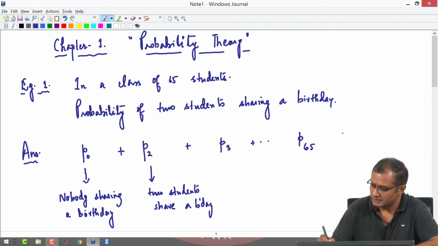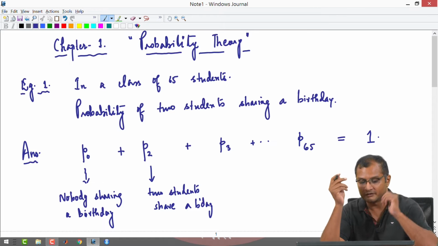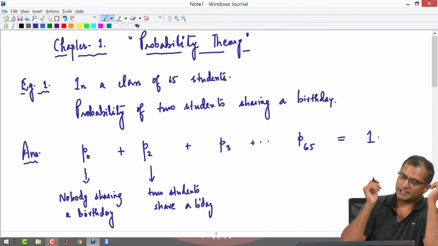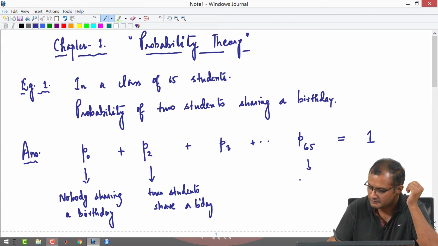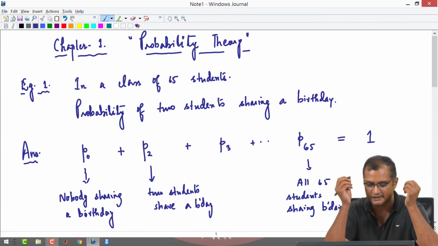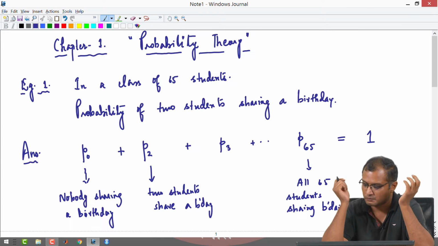Now, I know that the sum of all these probabilities has to be 1, because all of them have an exact birthday, and I have taken all the possible cases on the left hand side, this last case being all 65 students having a birthday on the same day. So, the left hand side is collectively exhaustive. So, the sum of all this has to be 1.